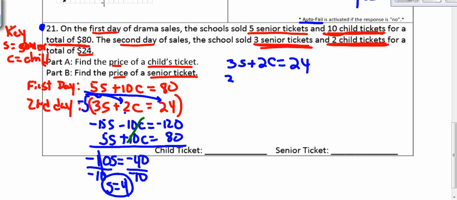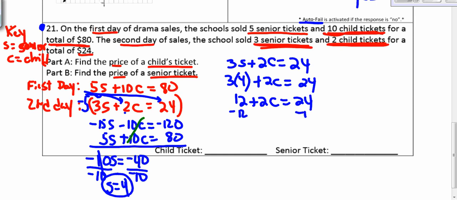And my S is 4, so I'm just going to put the 4 in, plus 2C equals 24. Then you get 12 plus 2C equals 24, minus 12 on both sides. You get 2C equals 12.